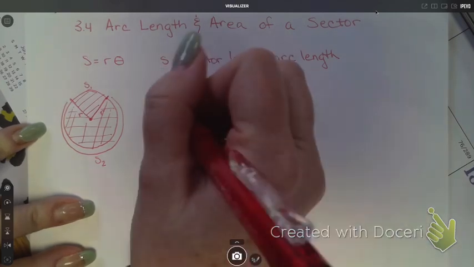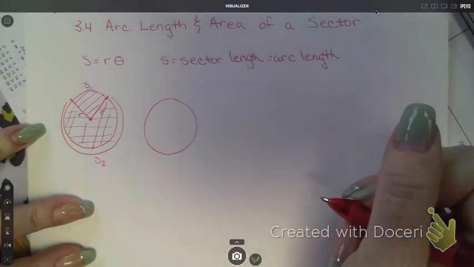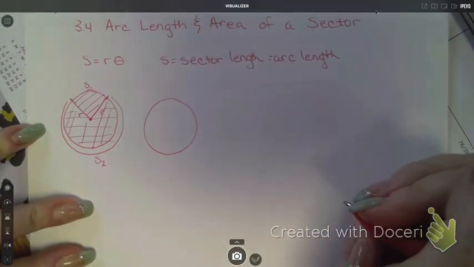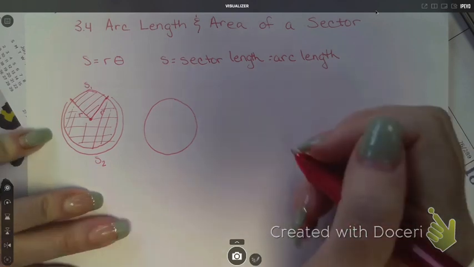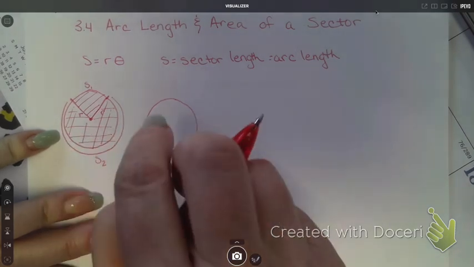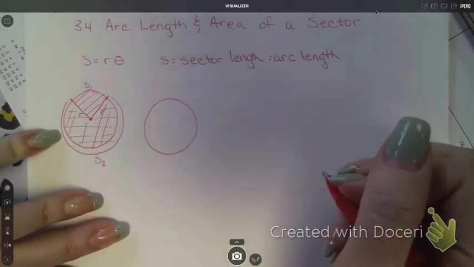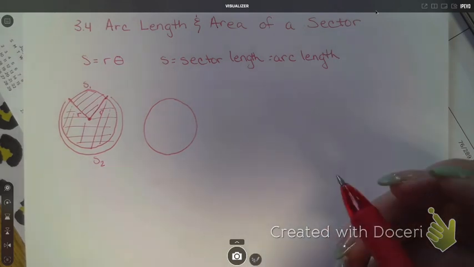Now, is this a sector? No, that's a circle, because I didn't cut it up. Got it? Is there any limit to the number of sectors I can make in a circle? No. Just like there's no limit to the number of cuts I can make in an actual line, right?